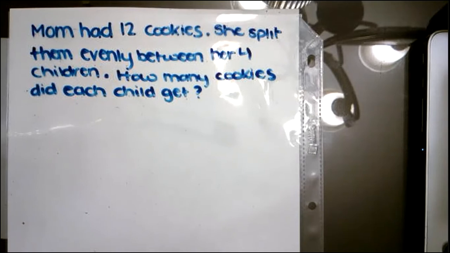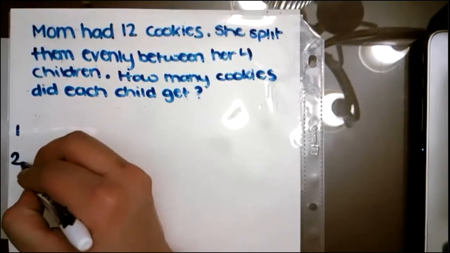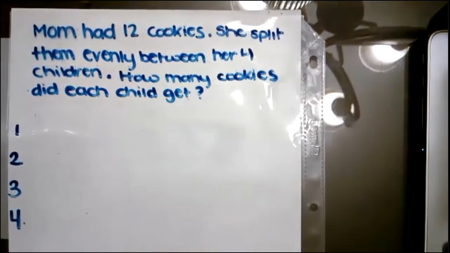That there are 12 cookies and 4 children, and each child gets the same amount of cookies. So to solve the problem, I would first write the numbers 1 through 4 to label my number of rows since there are 4 children. So 1, 2, 3, and 4.